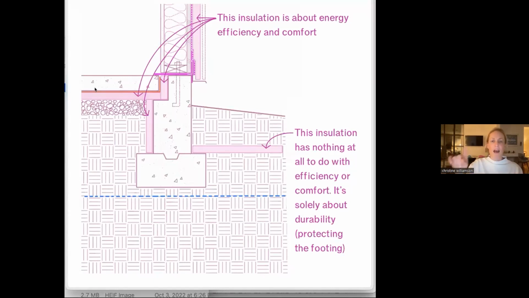Sometimes you'll see a turned down slab. You'll see different structural approaches to your slab, but the pattern you'll see is the insulation extending horizontally to this effect, to make sure that we don't get frozen soil underneath the foundation.